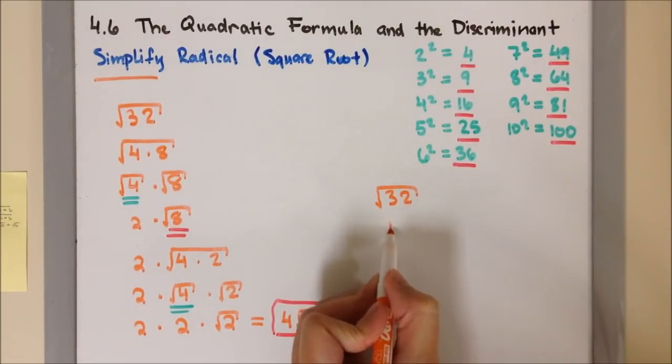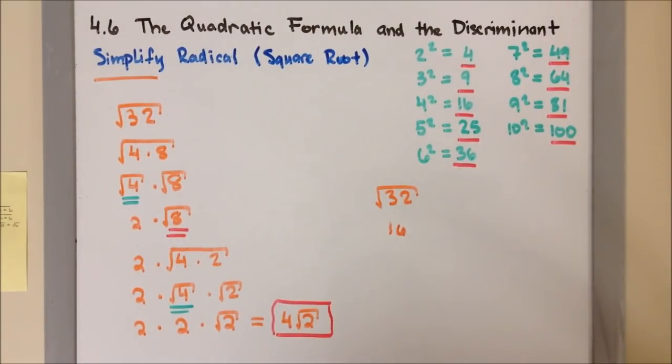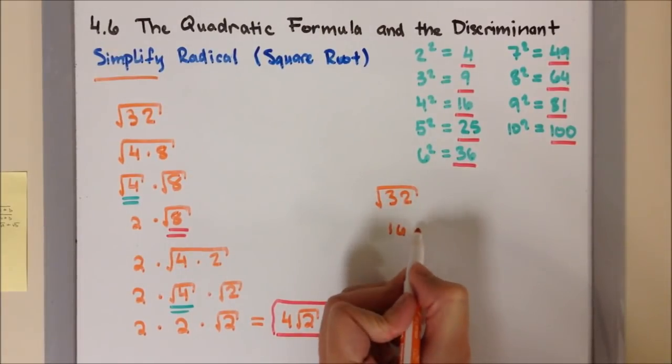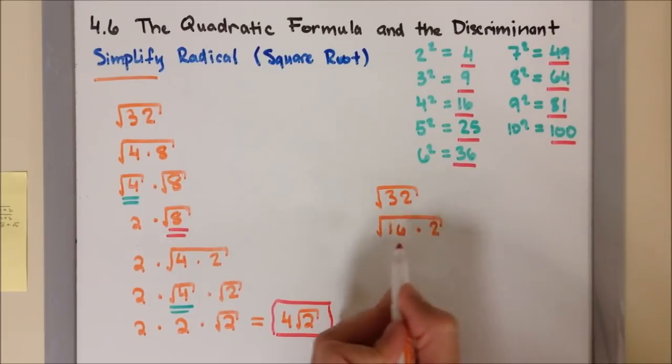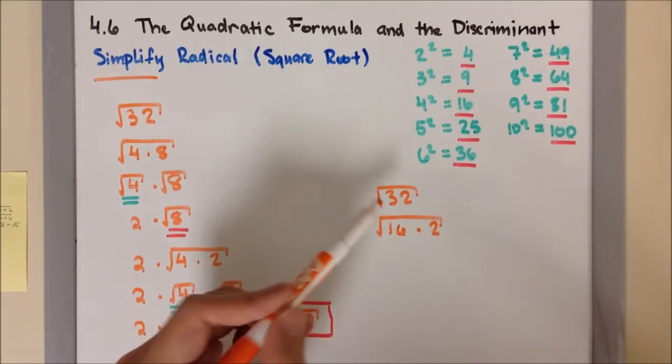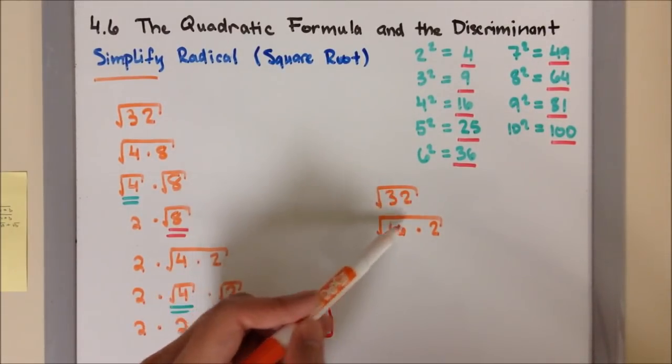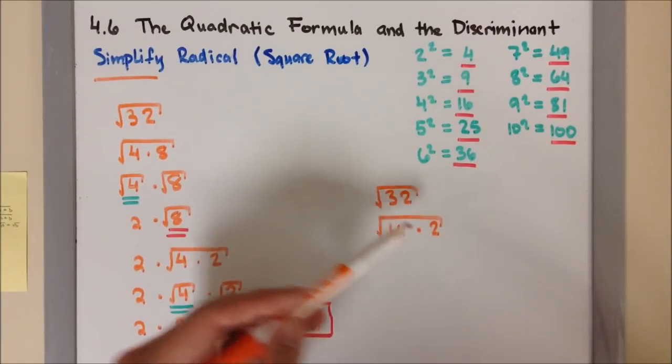So I'm going to write 16 here. So it will be 16 times 2. When you multiply those two numbers, it will become 32. So I broke down 32 into two factors, 16 and 2.